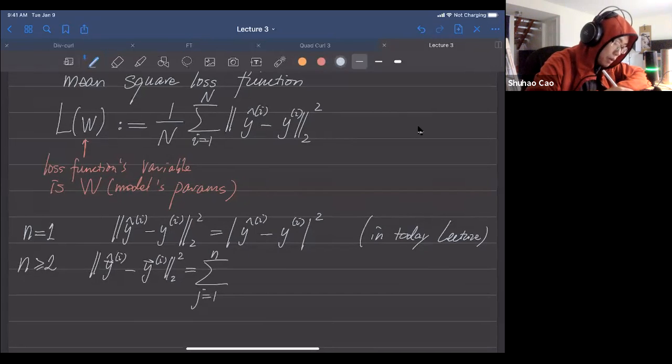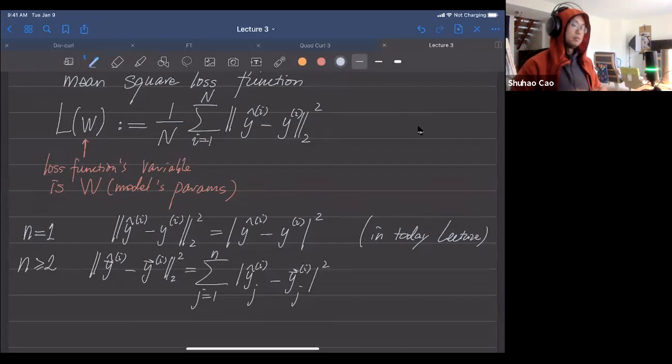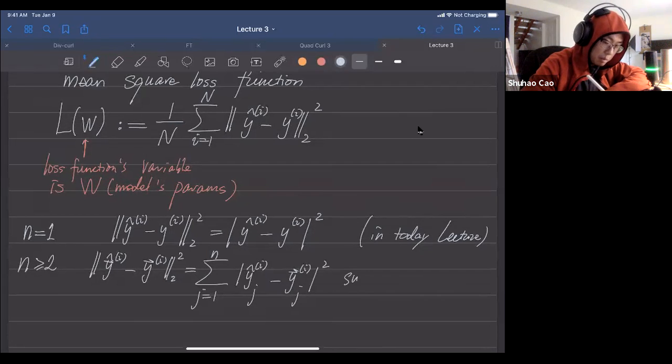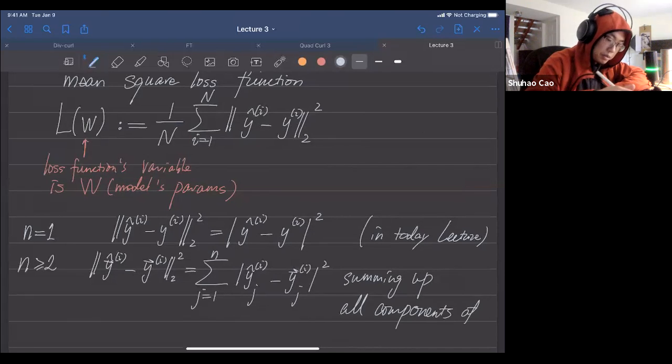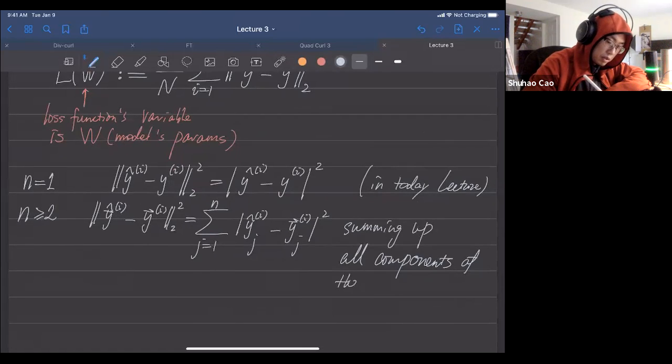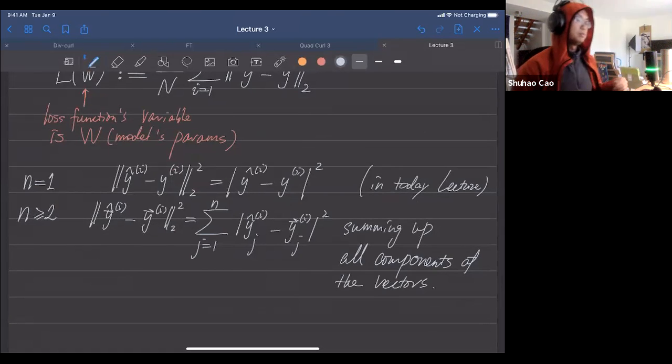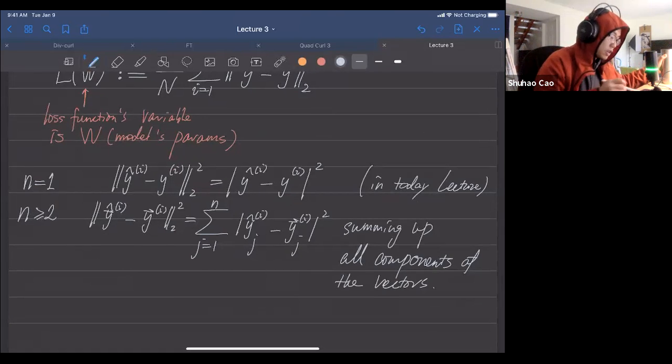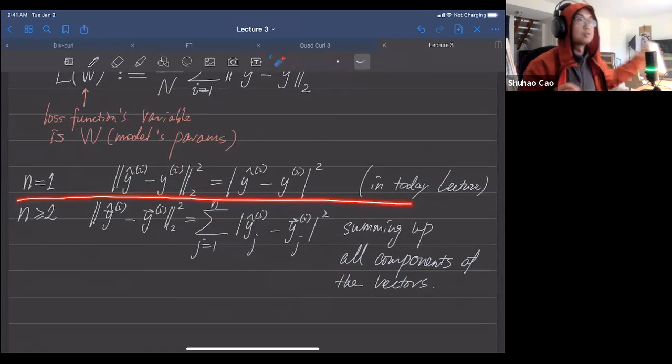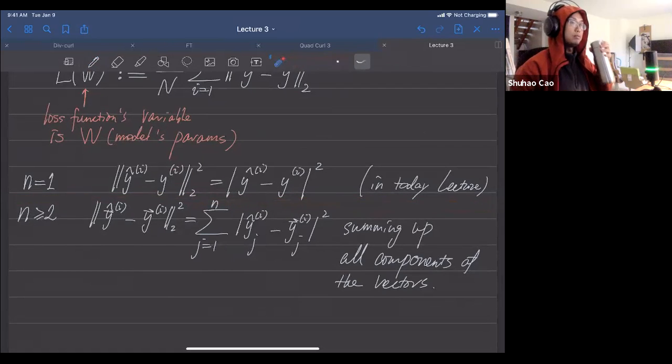Basically this is component-wise, so we're summing up all components of the vectors. We'll consider this case in our lecture today.